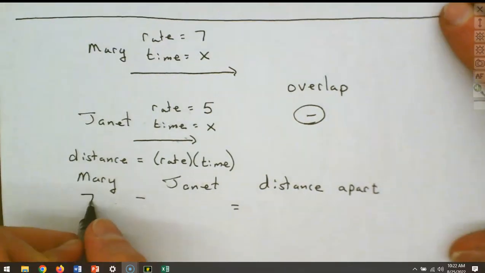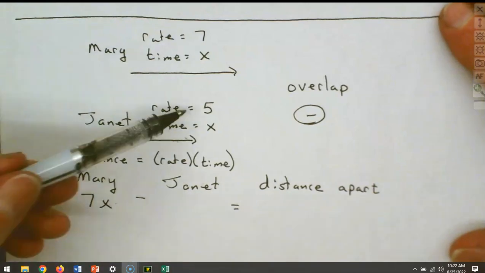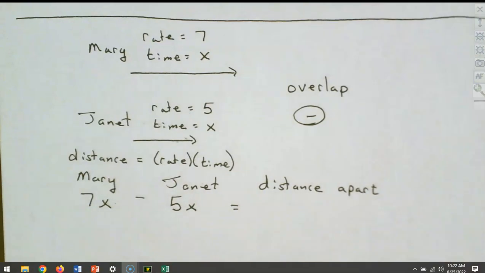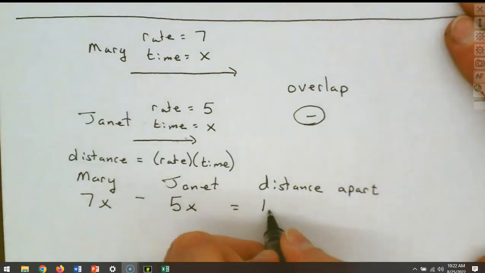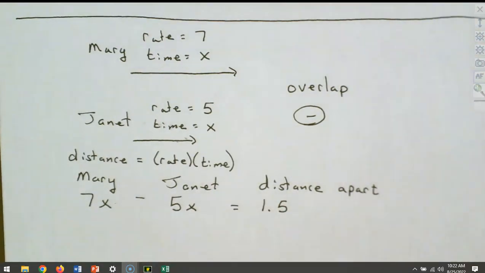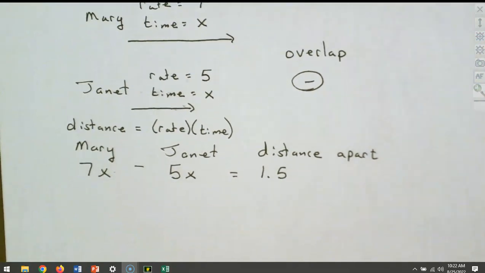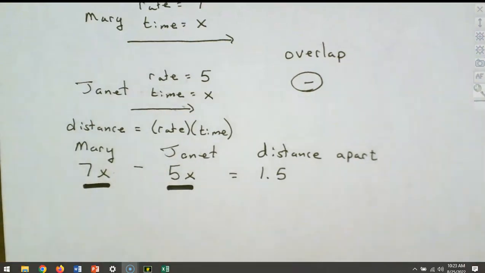Because we multiply those together. Janet is 5x, so that goes here. And it tells us from the question that they need to be 1.5 miles apart. So we're going to put the 1.5 right here. Now we can easily solve it. We've got 7x minus 5x. That makes it a 2x.